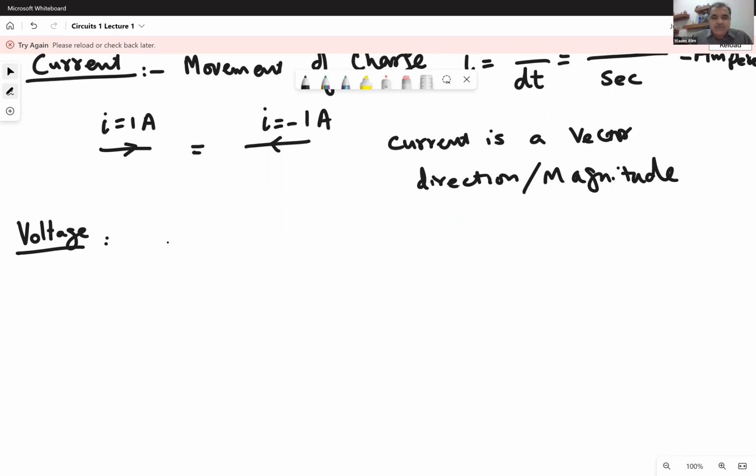So due to the separation of charge, the work that is done per unit charge is called voltage.